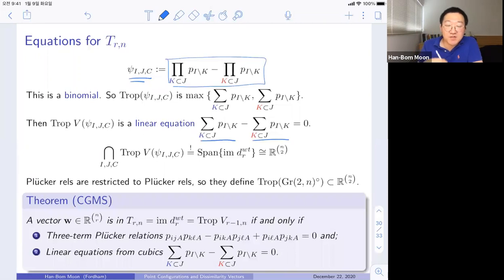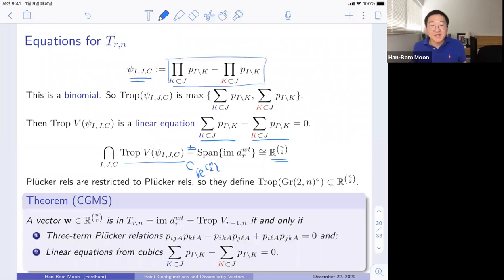Therefore, if you take the intersection of all tropical hypersurfaces of this form, then this is a linear subset, or subvector space, of R to the n choose 2. By using highly non-trivial combinatorics, we could show that this is equal to the span of the image of the weighted dissimilarity vectors, which is isomorphic to R to the n choose 2.